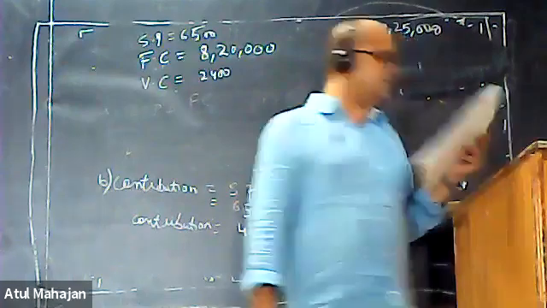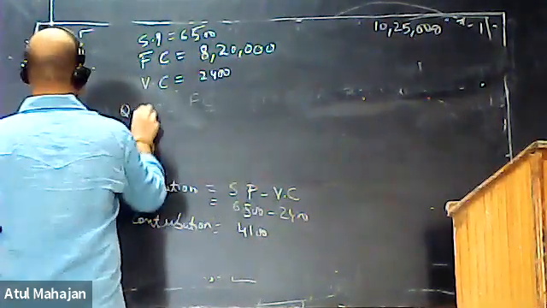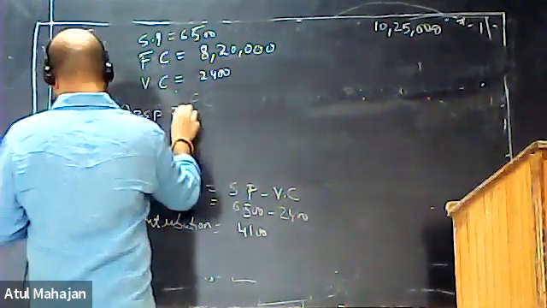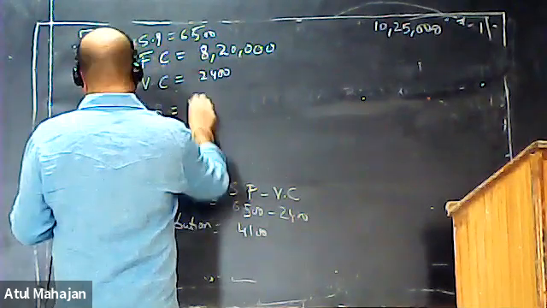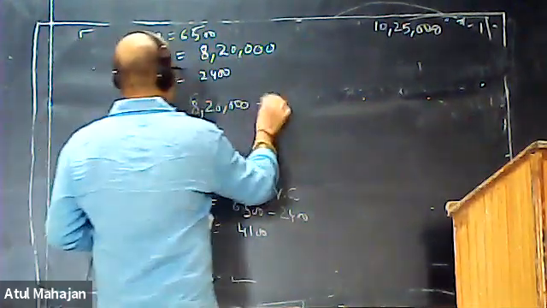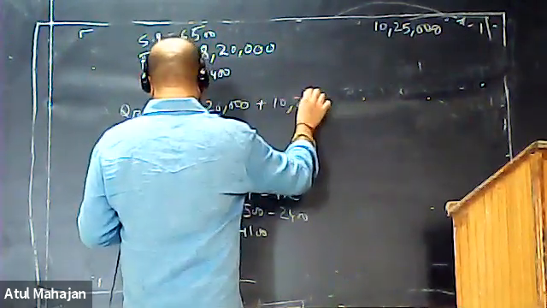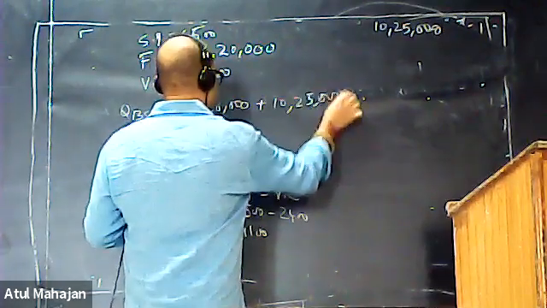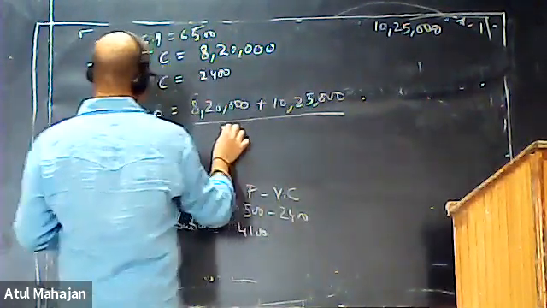Okay, so let's calculate it first. Fixed cost was what? It was equal to 8,20,000 plus what is your profit? Profit is 10,25,000, isn't it? So we'll add the profit to the fixed cost upon selling price minus variable cost.